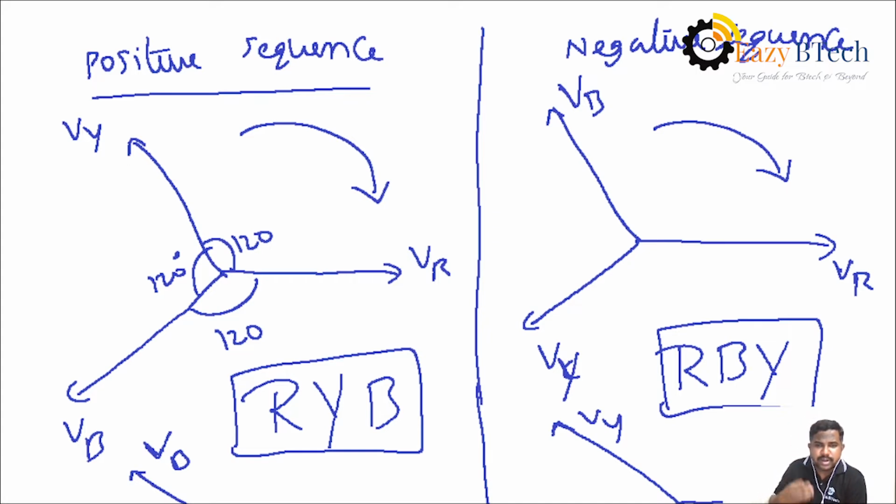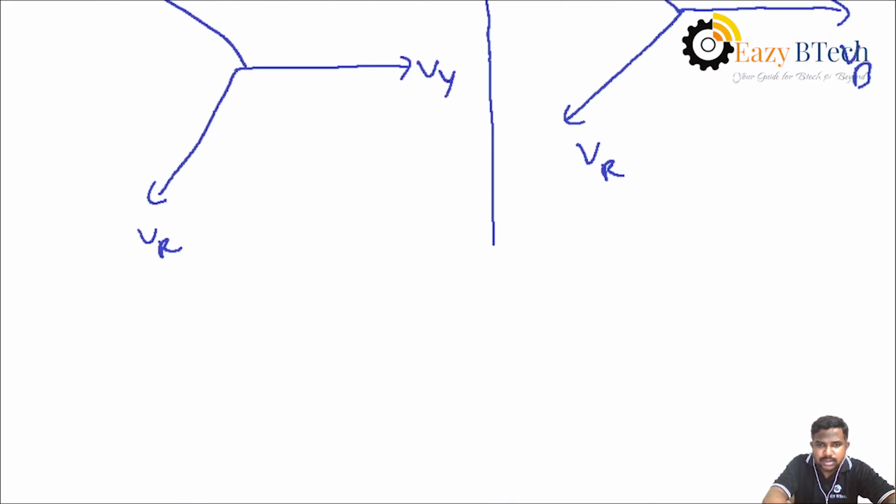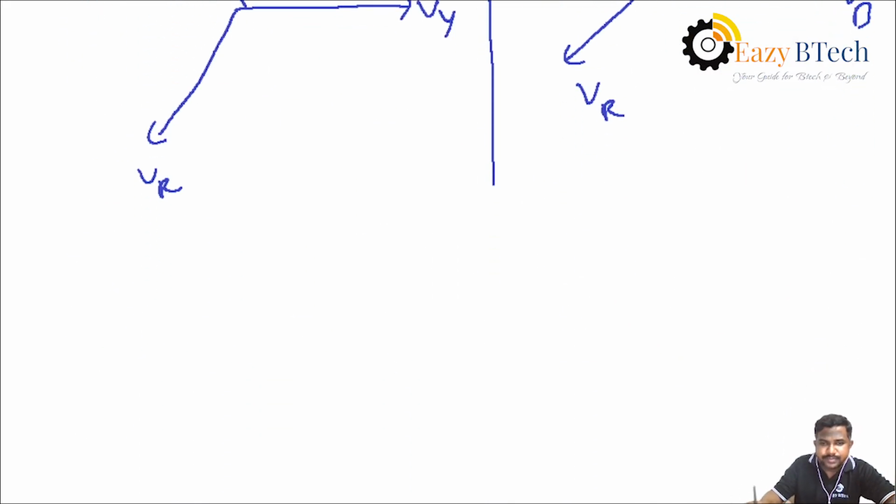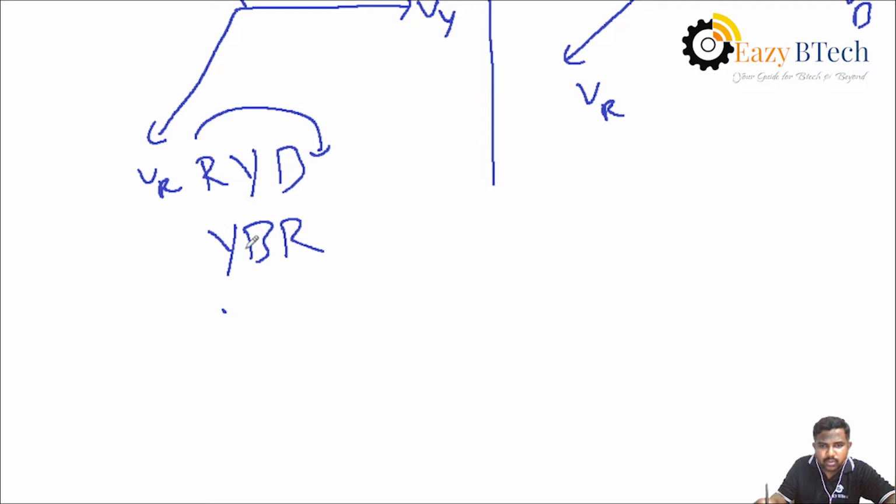Okay, you can also write down the positive sequence as R, Y, B. Again, in the next notation, Y, B, R. In the next notation, B, R, Y. So that is the same.